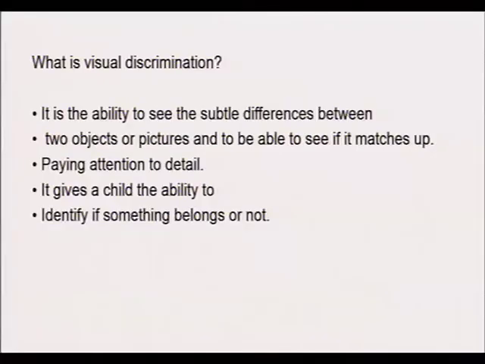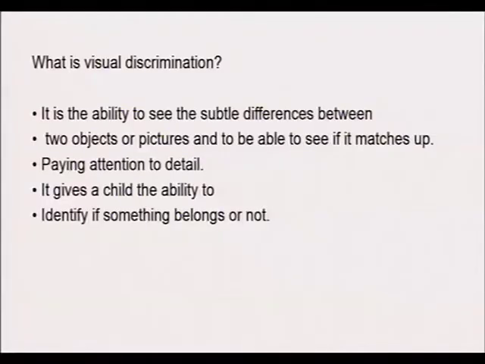Then, with our content, I will ask now, for instance, what is visual discrimination? In short, I said it's the ability to see the subtle differences between 2 objects or pictures. Normally, if you look in the magazines, you will see there are 2 pictures that you need to compare, and then you must see which ones are missing on the one picture.